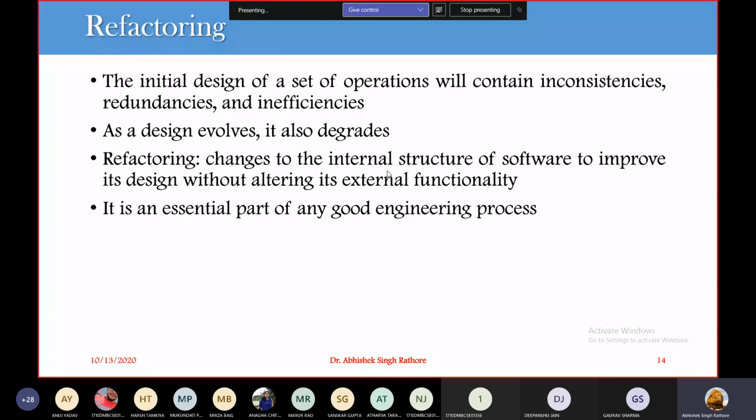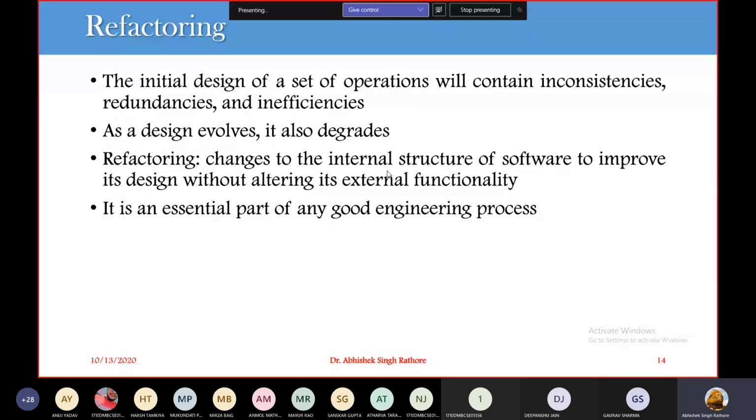So it means that we step back, look across our different classes and operations, and reorganize them to support further development, and it is supposed to be done for better performance.